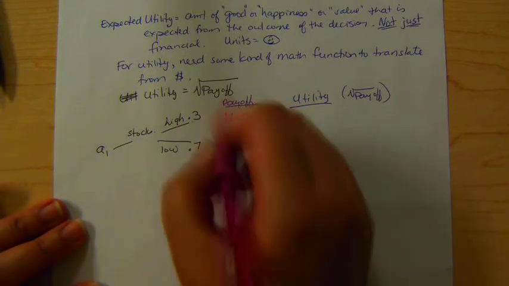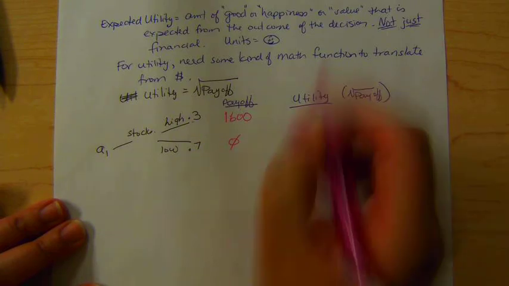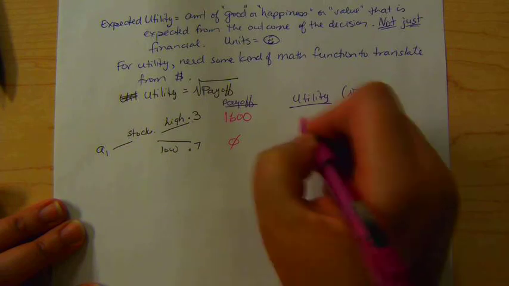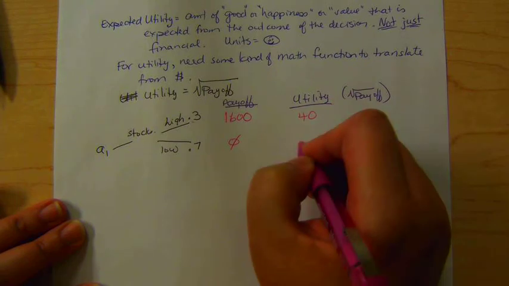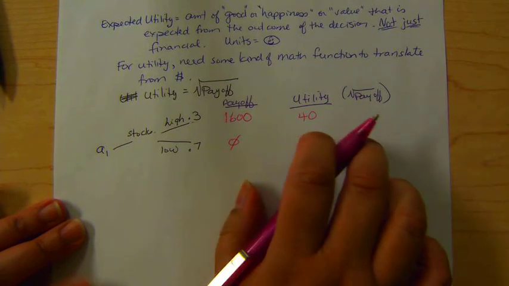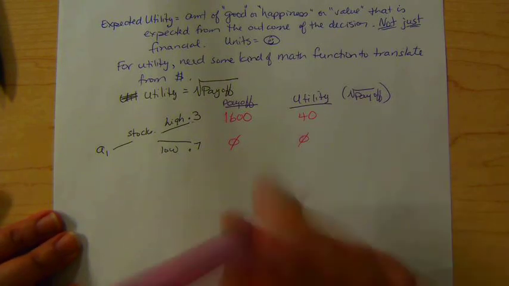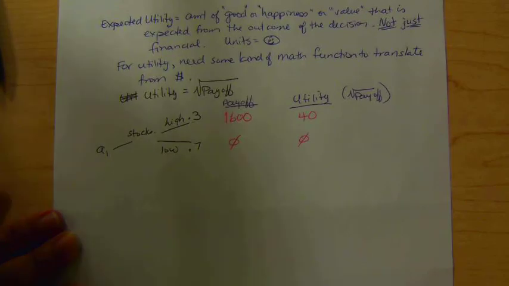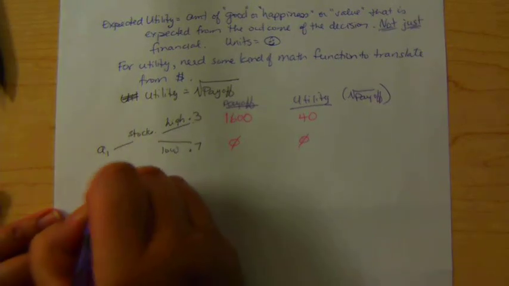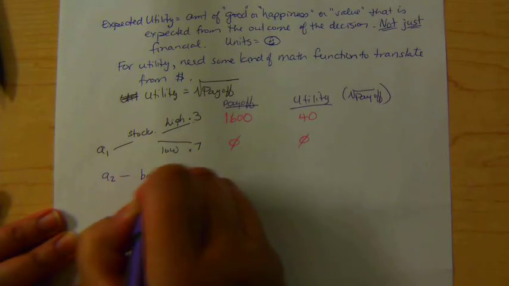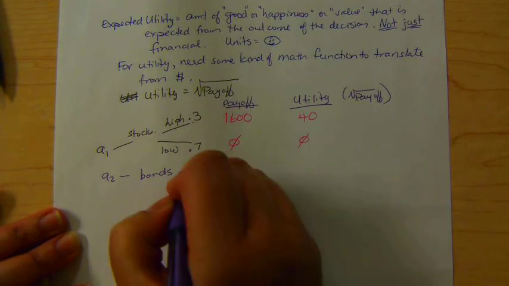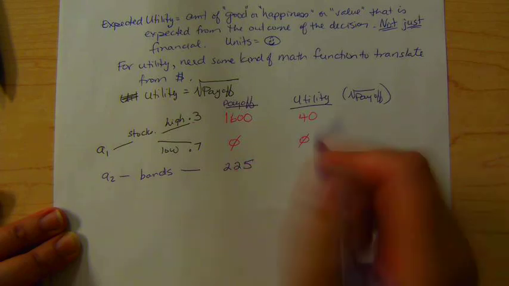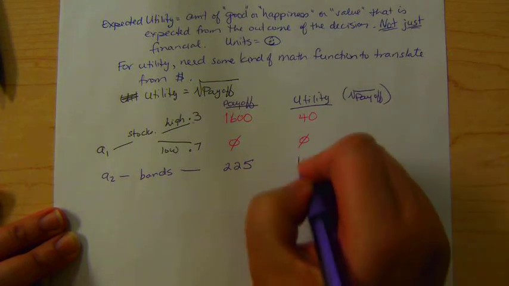And if it's low, it was 0. So the utility, the square root of 1,600 is 40, and this is 0. Now for A2, the bonds, they're easy because there is only one choice. The payoff is 225, so the utility is the square root of that, which is 15.